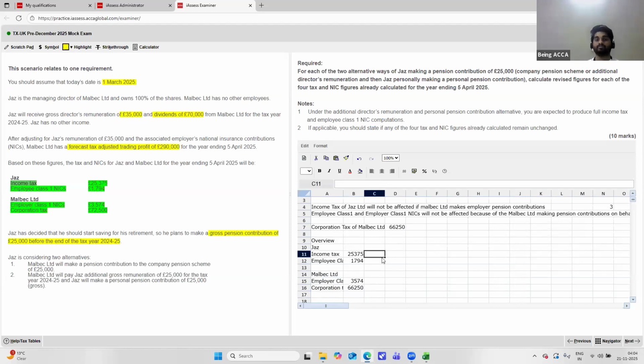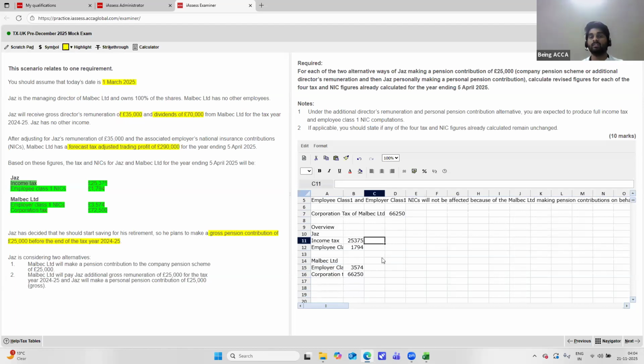All right. Now, with this, we can move on to the second approach, where Jazz Limited will get an additional remuneration of 25,000, and then will make a contribution to the personal pension scheme.